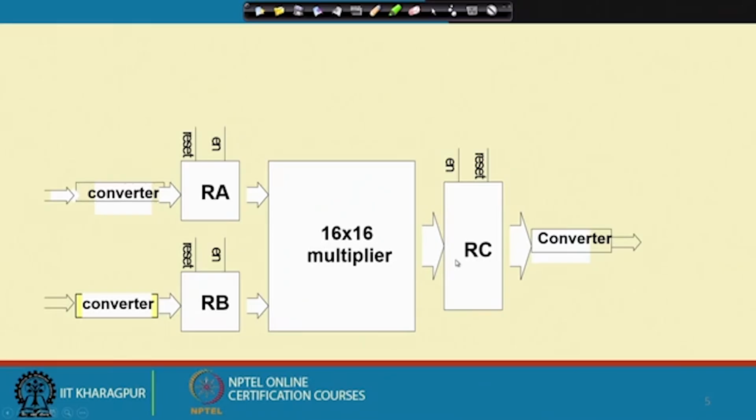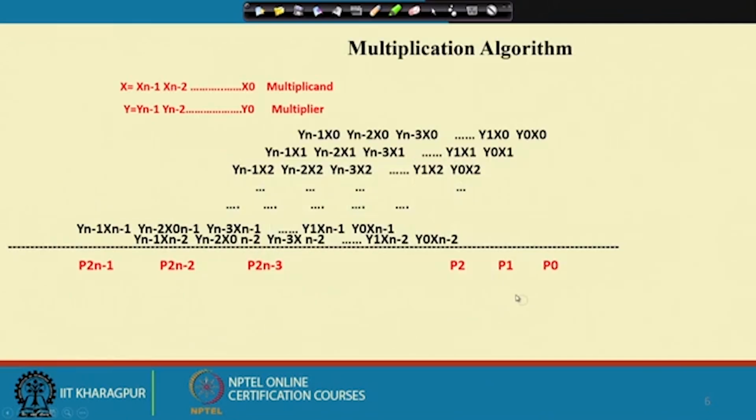So, here, this is the basic multiplication operation. Suppose I have to multiply x and y, where x is the multiplicand and y is the multiplier.